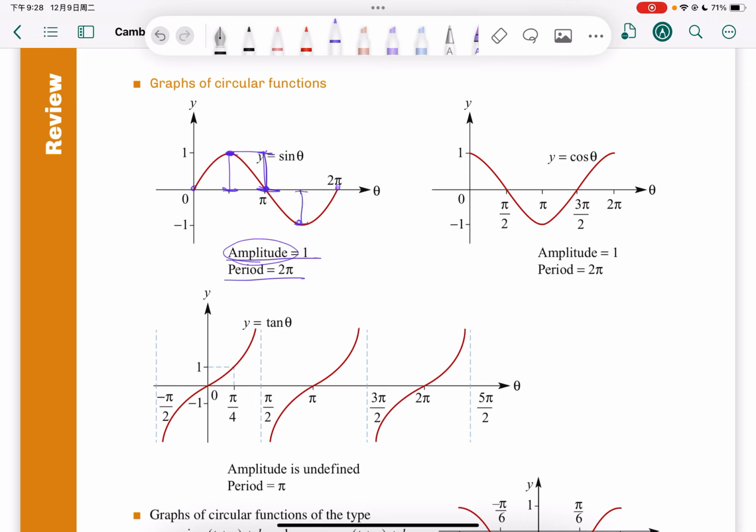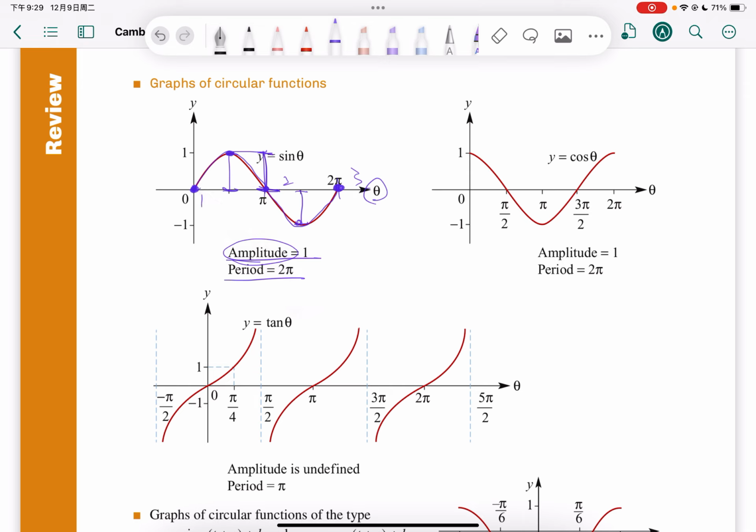The period is: if you take a point, the time or the angle you take to get it back to the initial point you have. So it's actually the third point, 1, 2, 3, the third point of the initial y value.